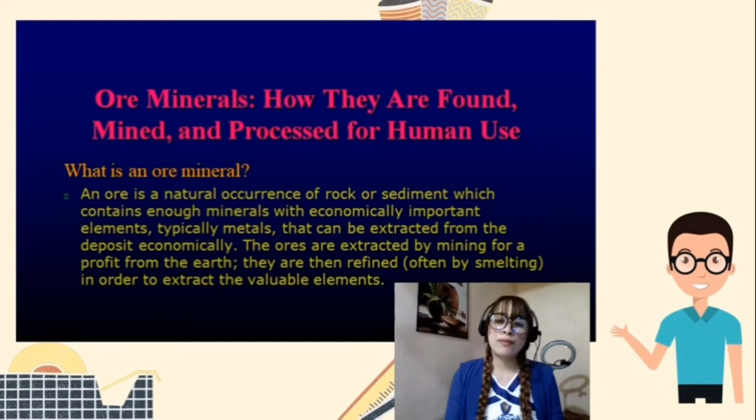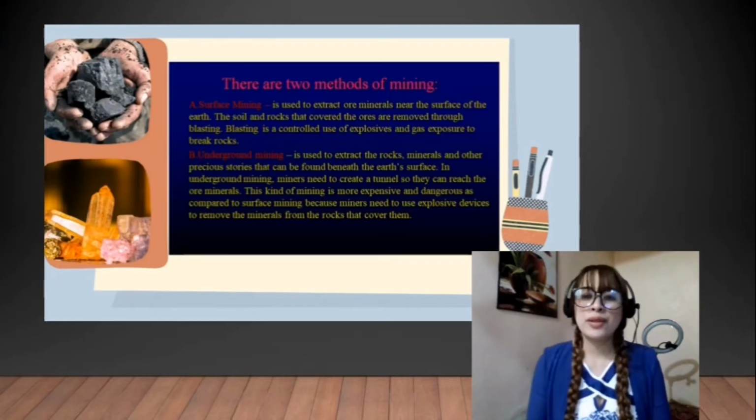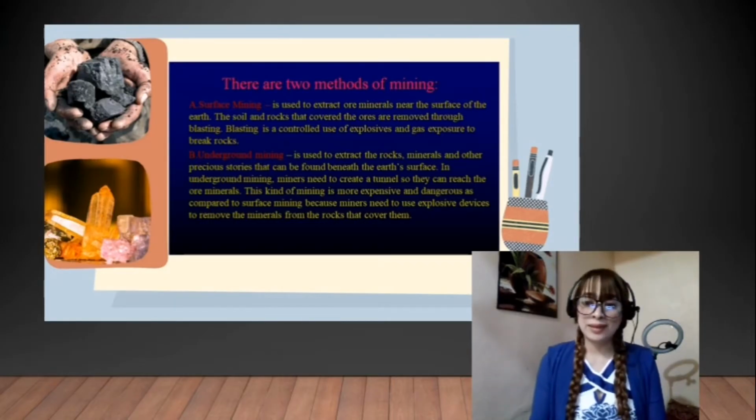They are then refined in order to extract the valuable elements from it. So based on the description here, ore minerals are actually processed. They are extracted first by the process of mining, and after that they are refined and become valuable elements. So there are two methods of mining ore minerals.